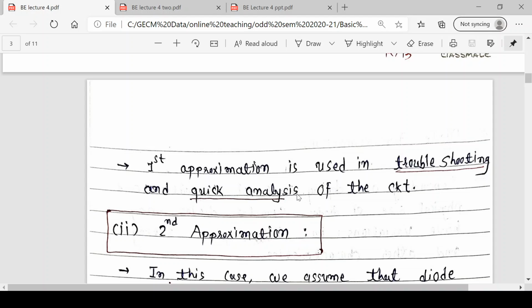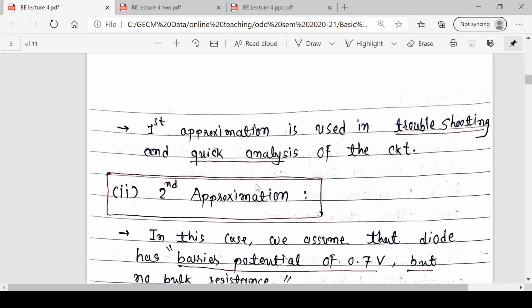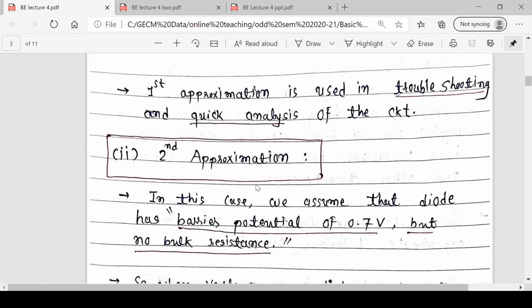Suppose you want to roughly analyze any circuit by overview, then you can use the first approximation to see whether the circuit works or not. So the ideal approximation, or first approximation, is used by the people who are doing troubleshooting or quick analysis of the circuit.